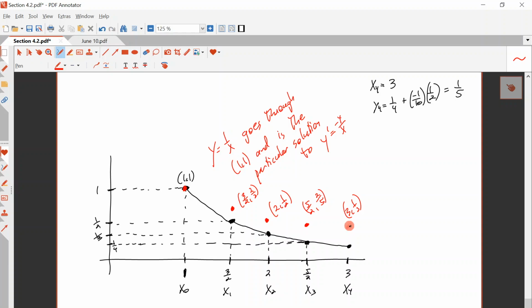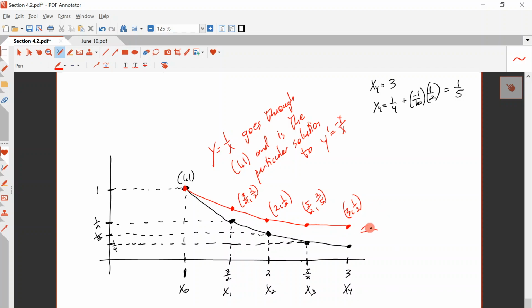So as you can see, the actual solution, the error gets larger as you get further away from your initial point. Almost got it. There we go.